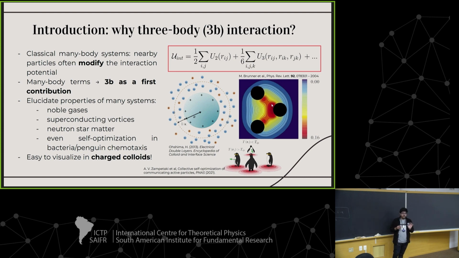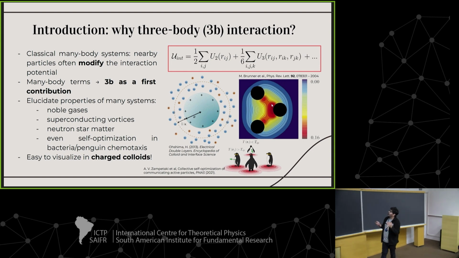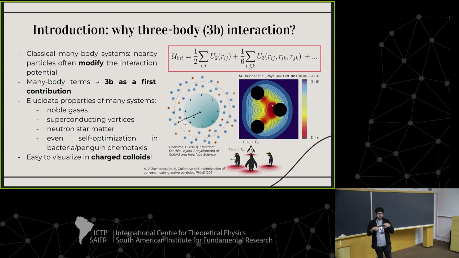But the greatest example is the charged colloids, because charged colloids possess an ionic, counter-ionic cloud around each charged colloid. So if we have two charged colloids interacting, a third one can visualize this. The physical mechanism is the redistribution of these counter ions.